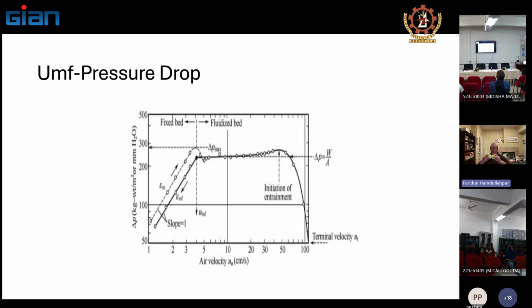It's because when trying to fluidize, you have to break the contact force also, in addition to gravity, the contact force between these particles. When it's slowing down, you don't need that extra resistance until they touch each other. This will be, when we are talking about drying, a very important factor because these particles will be wet and it will be much more difficult to break them apart.